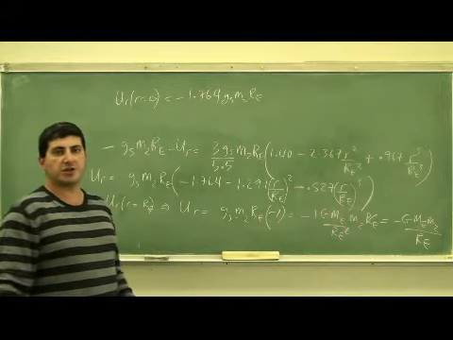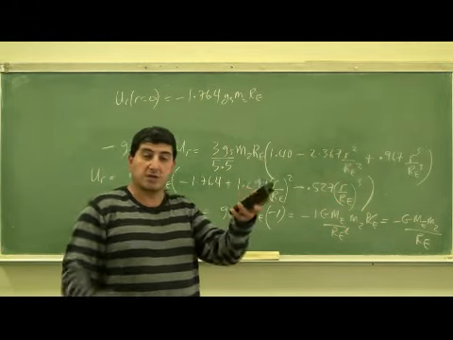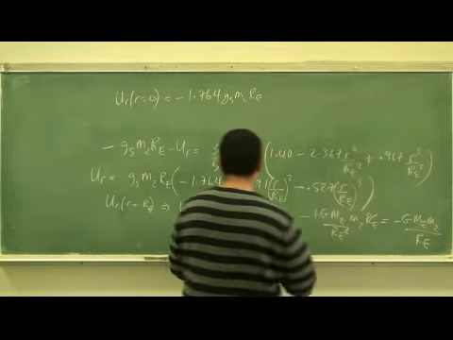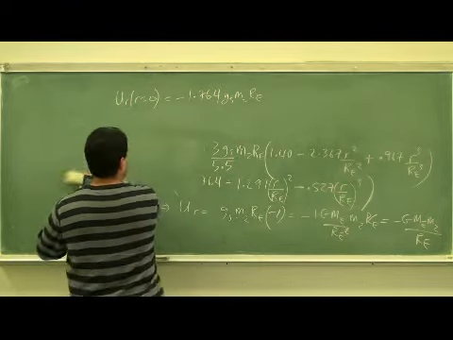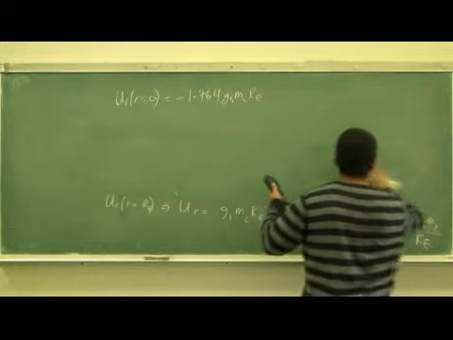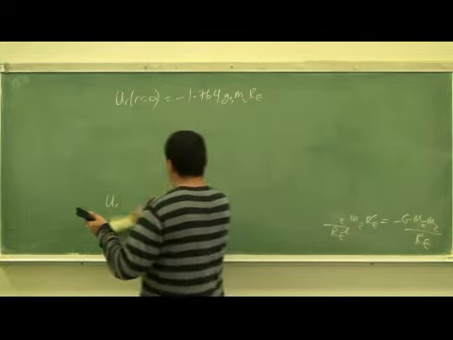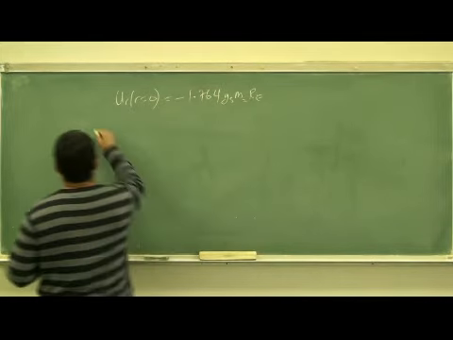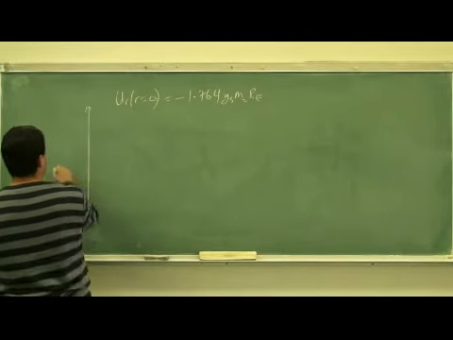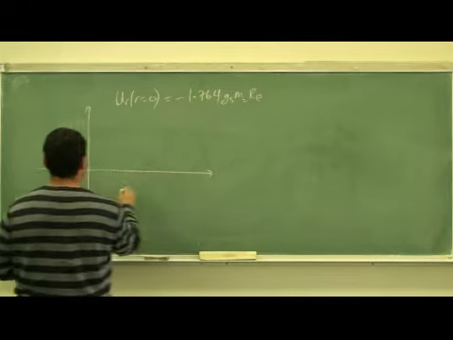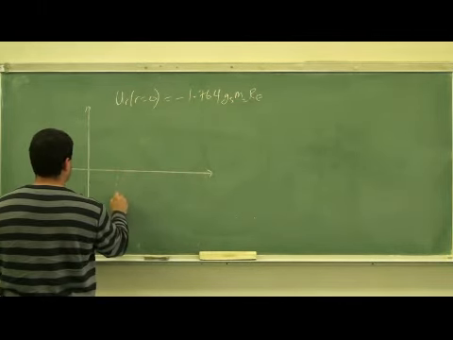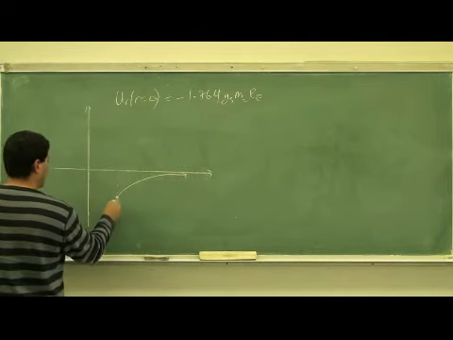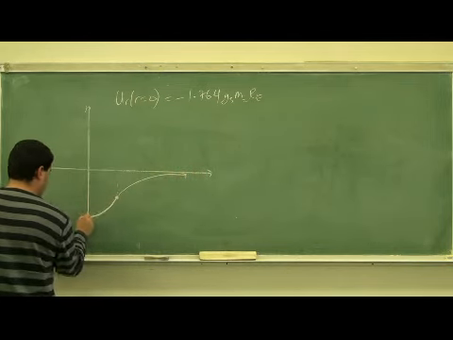So your potential energy is lower than if the Earth was a uniform mass density. So the graph is going to look like this now. For the potential energy, you're going to have a certain potential energy here, okay? And this one's going to look like this.